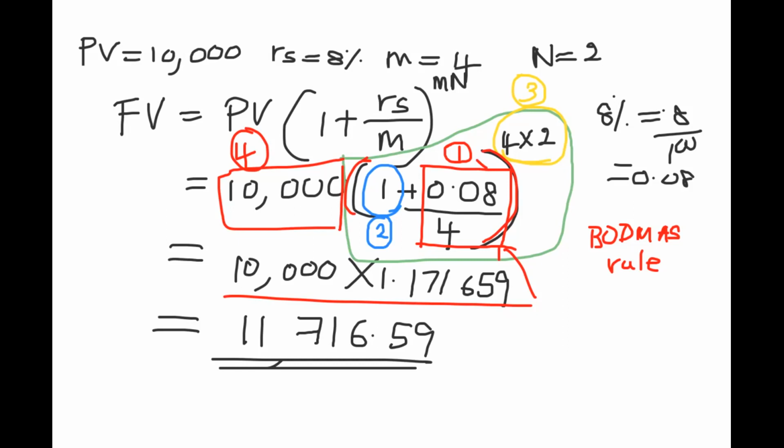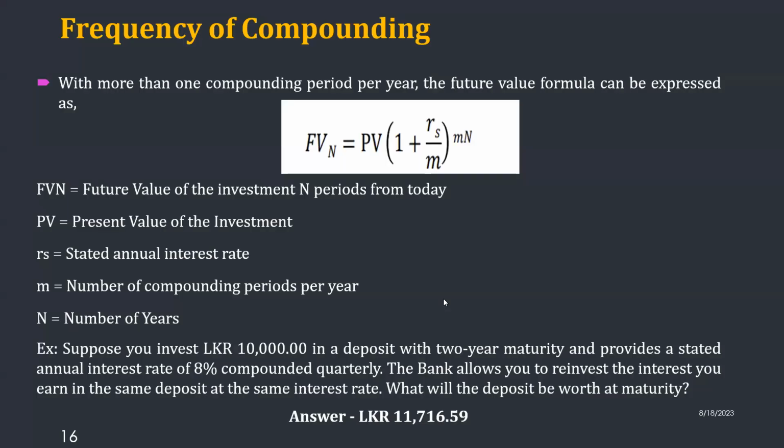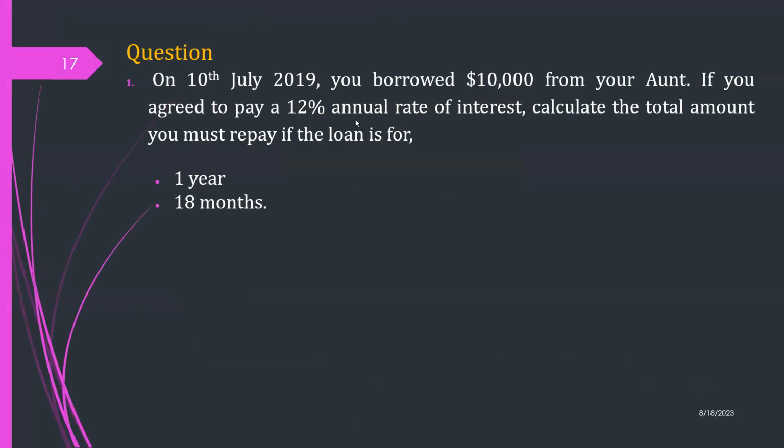Then you will get the answer of 11,716.59. That is how we are going to do this type of calculation. So with that, we will move on to another question.